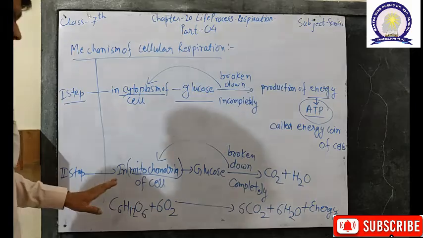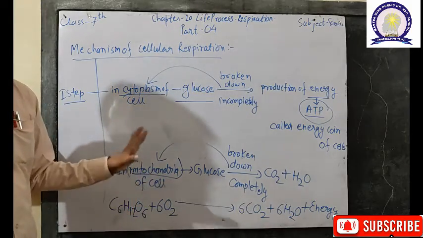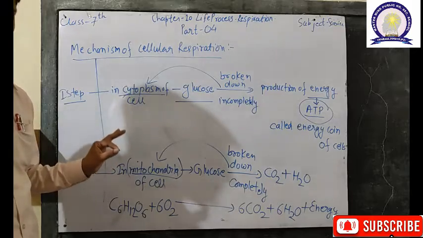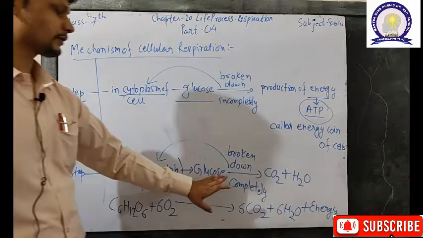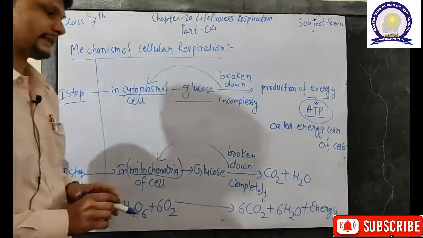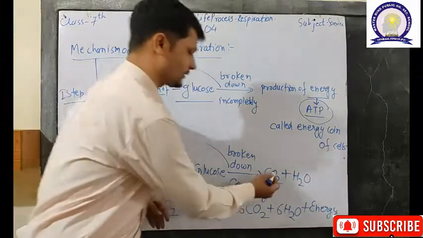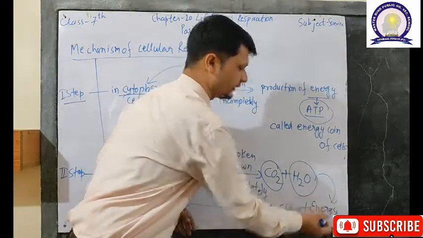And the second step, as we know, occurs inside the mitochondria, a special type of cell organelle present inside the cell. The second step, or the complete breakdown of the glucose, occurs in the mitochondria of the cell, and that leads to the formation of carbon dioxide and some amount of water and production of energy.